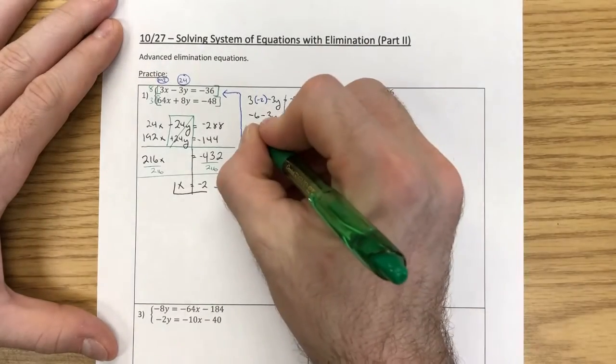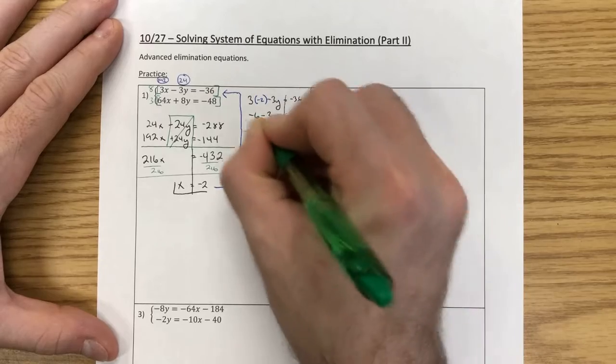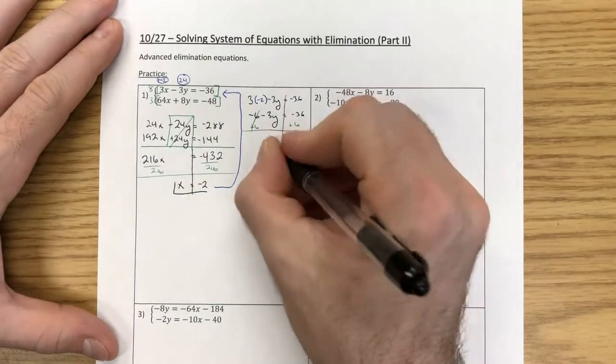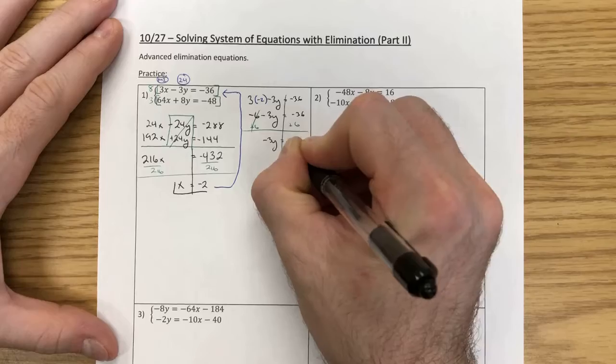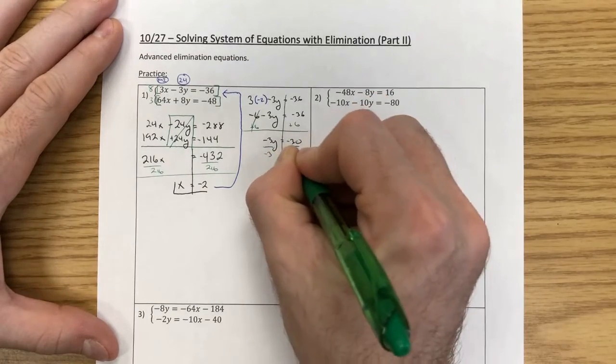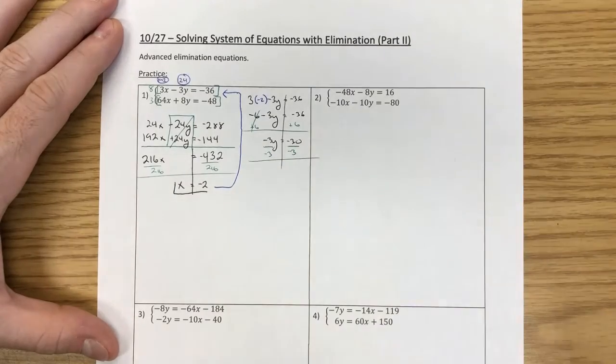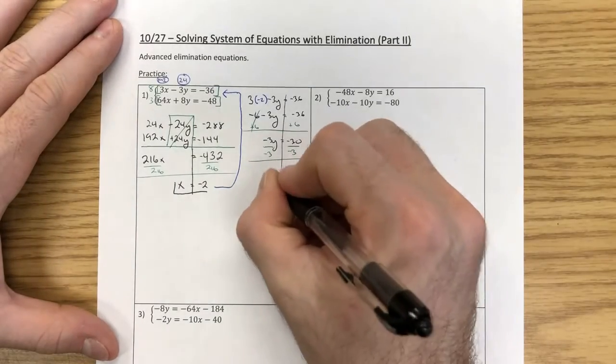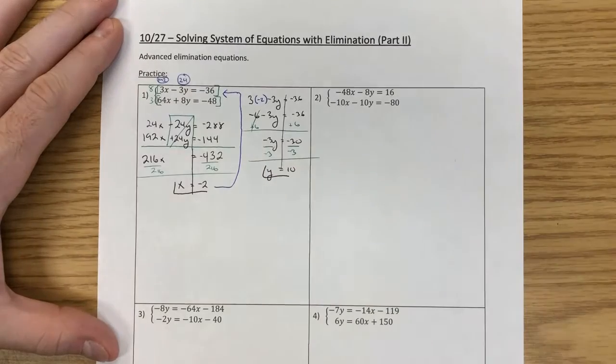We're going to add our 6, and then we're going to divide by negative 3.